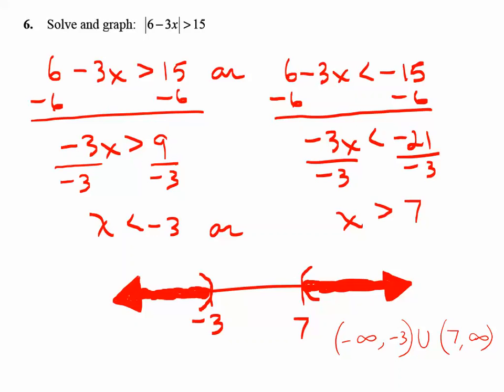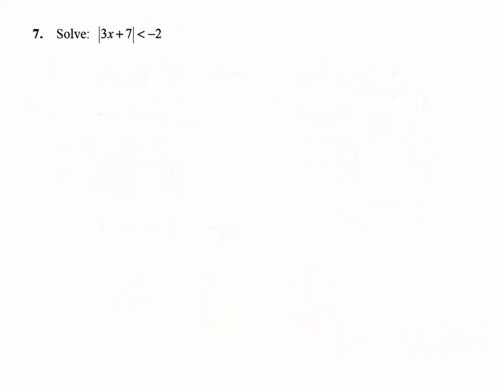All right, and then we got to handle two weird ones here. So this one is the weird one. And what makes it weird? Yeah, you got yourself a negative 2 over here. With absolute value, we only think about positive stuff. So the question here is this.